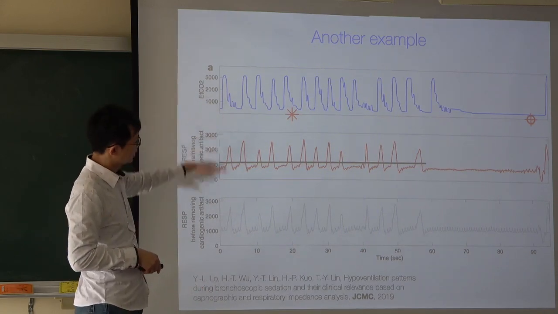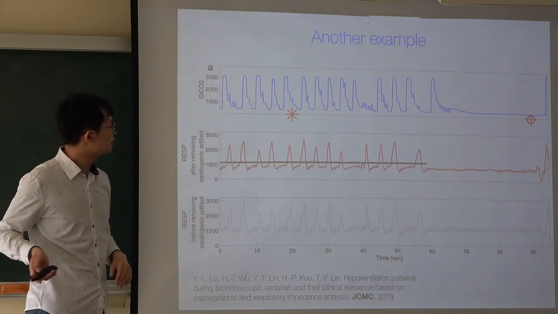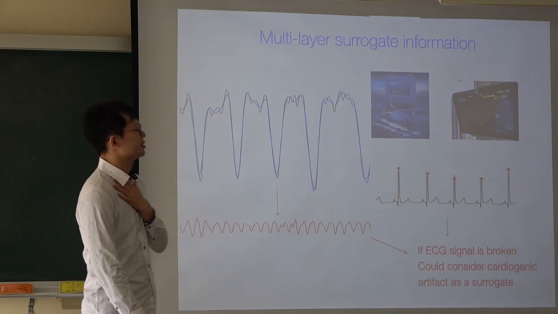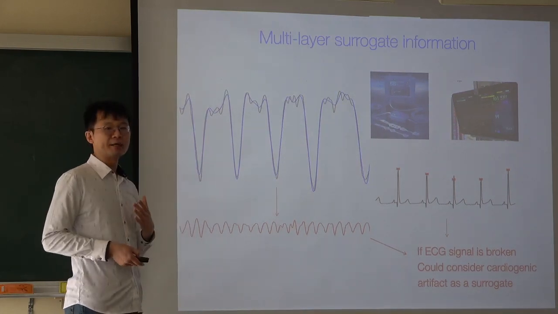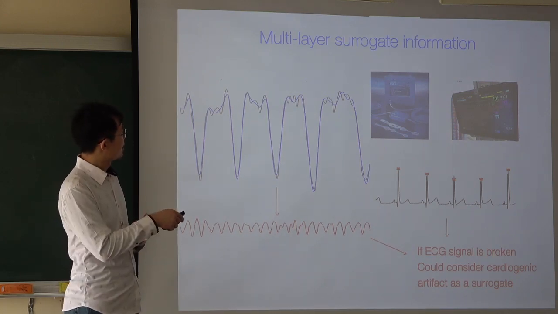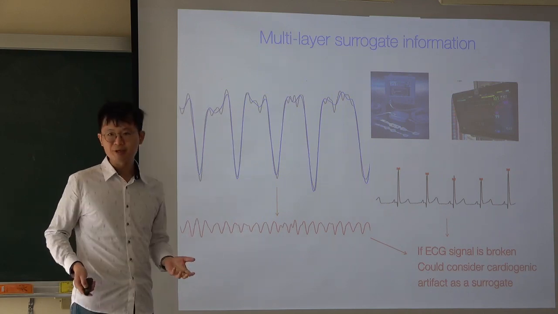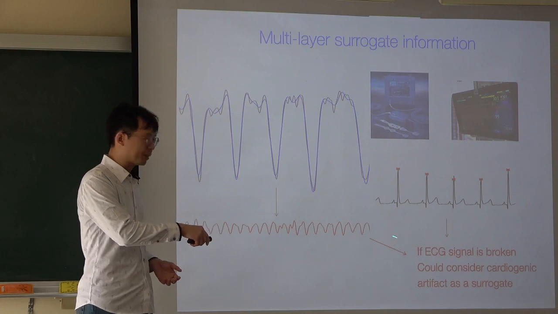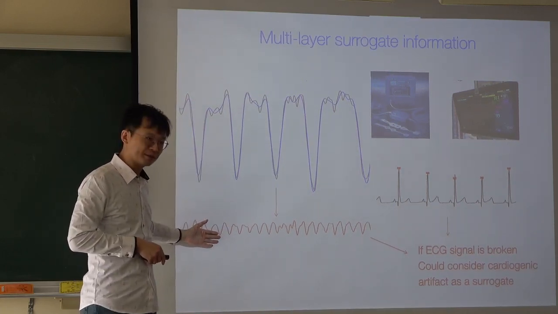I will not tell you clinical details. What I want to tell you instead is that this kind of recycling information can be useful as surrogate information. For example, in some situations, maybe the ECG signal is broken, but your respiratory signal is fine, and it has cardiogenic artifact.